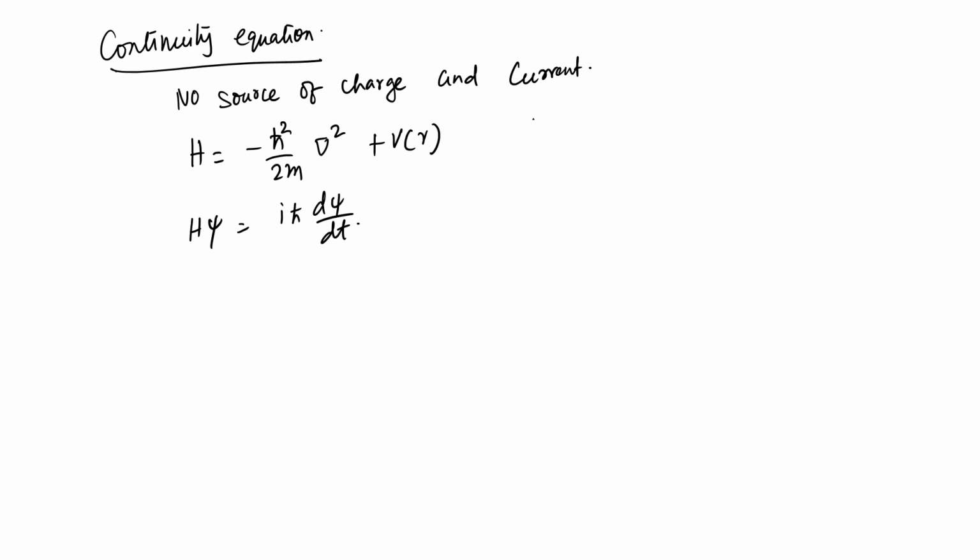Let us call this equation 1, this equation 2, and let us take the conjugate of equation 2. So, we have H psi star equal to minus i h cross d psi star dt. Remember that H is equal to H star because H is a Hermitian operator. So, let us call this 3.